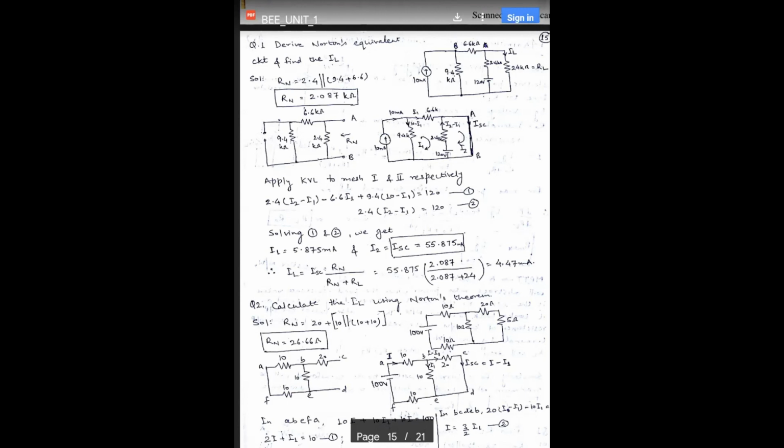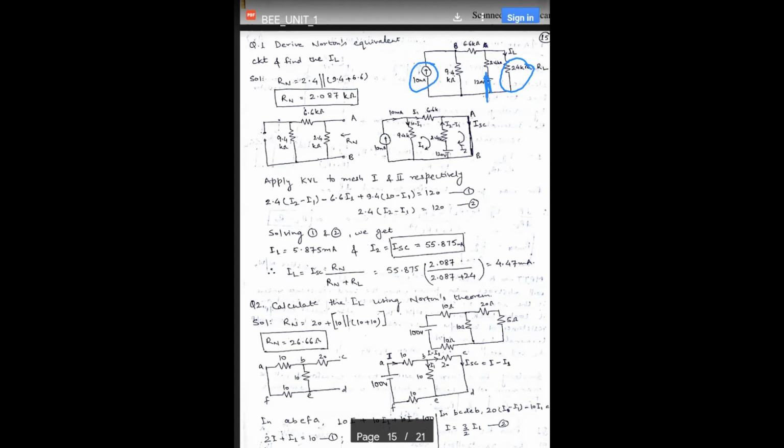Okay, first thing first, we will calculate the Norton resistance. To calculate the Norton resistance, we have to open circuit the load, open circuit the current source, and short circuit the voltage source.